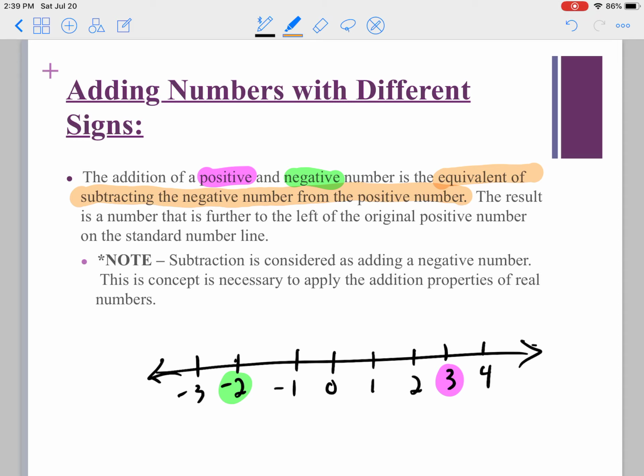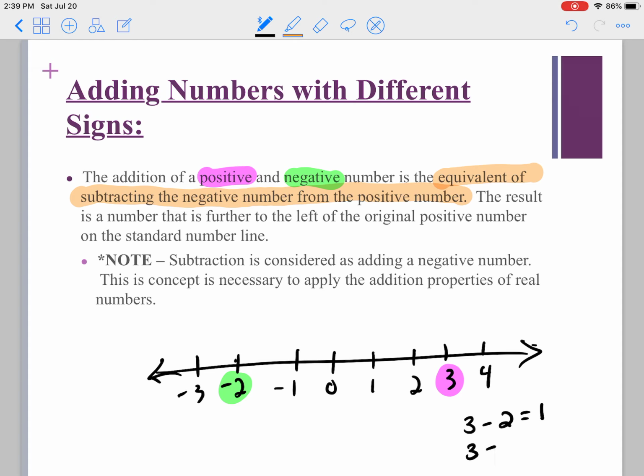So adding the negative and subtracting are equivalent. They result in the same value. Just as a quick example, if we have 3 minus 2, that is equal to 1.